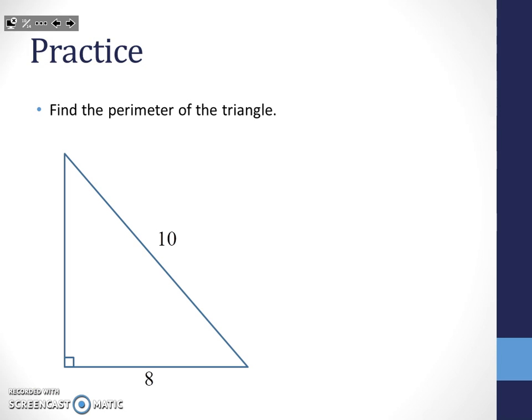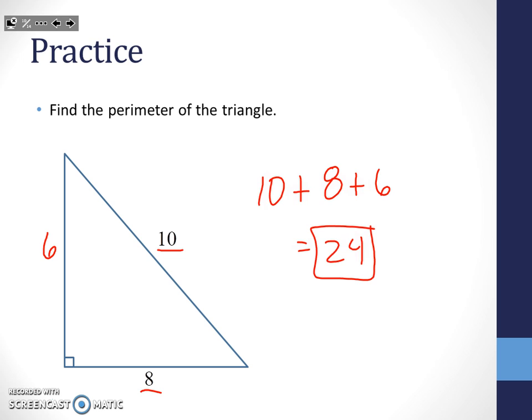But if we can recognize, hey, hypotenuse of 10, leg 8, that's a Pythagorean triple, I know that this side here has to be 6. 10, 8, 6 is a triangle that they like to hide there. That saves me the time of having to do the Pythagorean theorem before I can find the perimeter, because I just know it. Then I can take 10 plus 8 plus 6, which gives me 24 for my perimeter. So it just helps to speed us up a little bit.